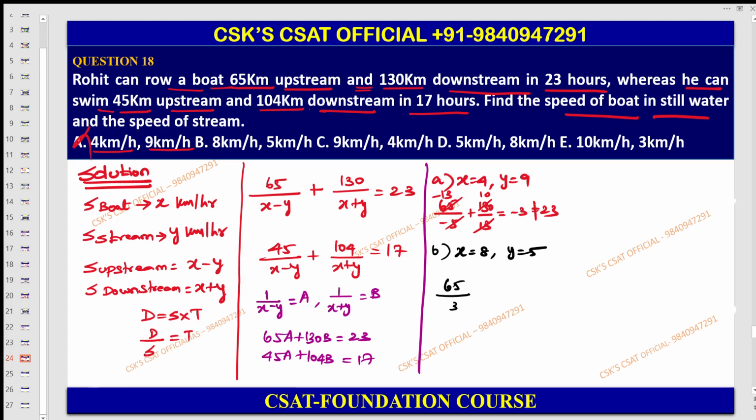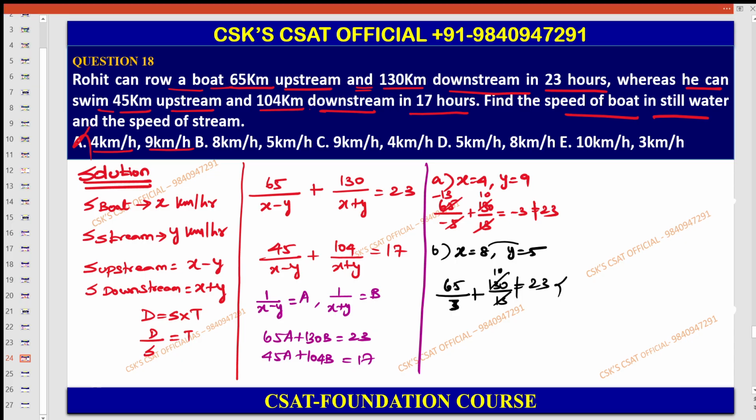Now that itself you can see does not completely vanish here, 3 table, not possible. 63 goes there, but it's in a decimal, so therefore you can avoid that option itself. Even if this satisfies your 13, you are not getting a 23, so eliminate that one. So B option is also eliminated. Like that, please apply elimination techniques.